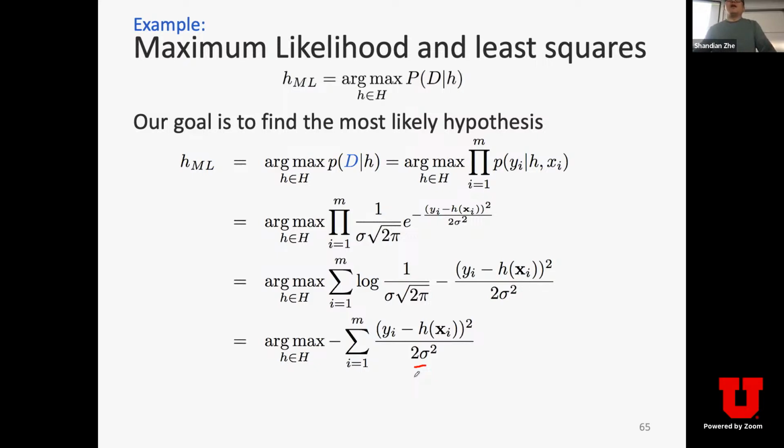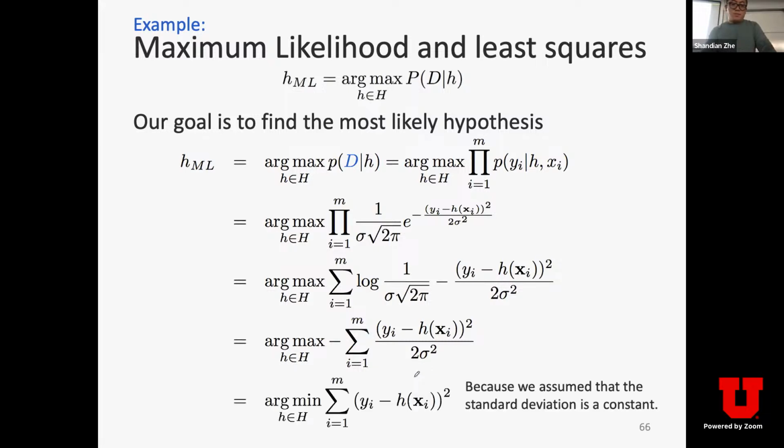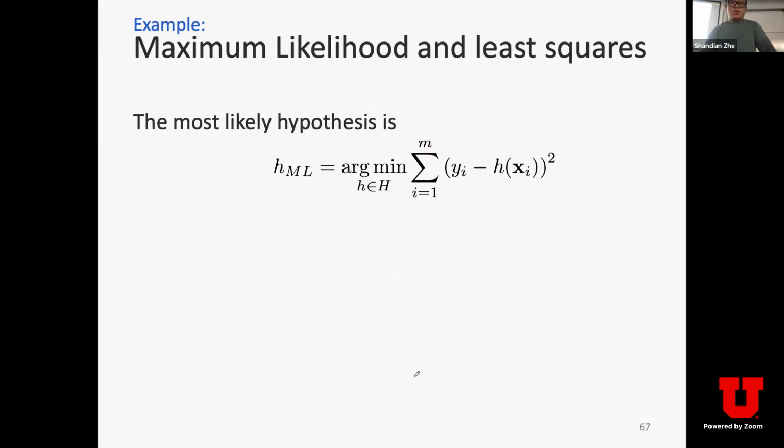So eventually we see that maximum likelihood estimation is equivalent to minimizing the square loss over the training data. In other words, the most likely hypothesis is the hypothesis whose square error over the whole training data is the smallest.